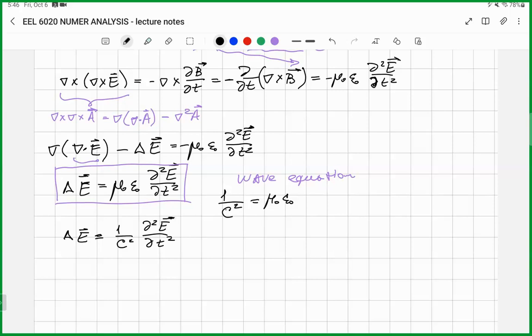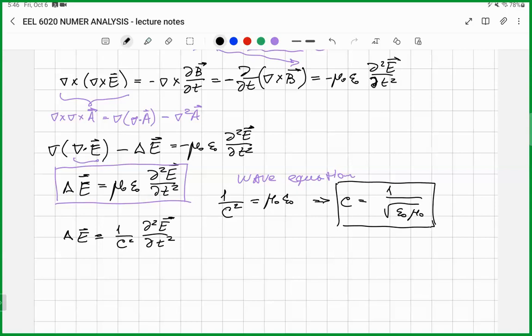So this is exactly the wave equation. From this formula, I can derive the formula for c. It's going to be 1 over square root of epsilon 0 mu 0.